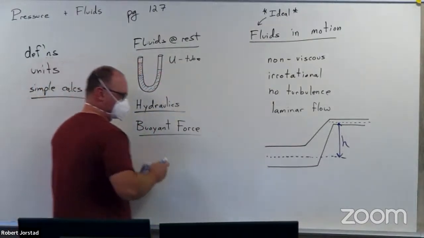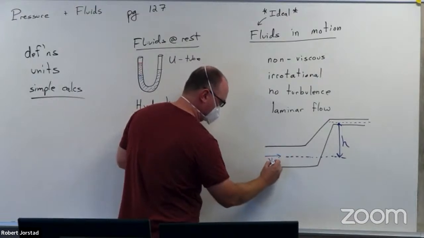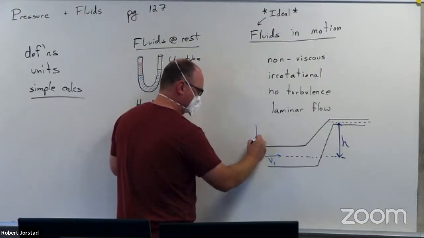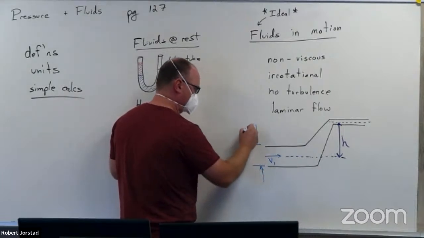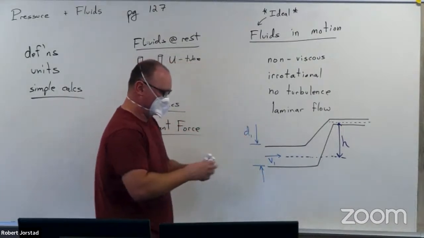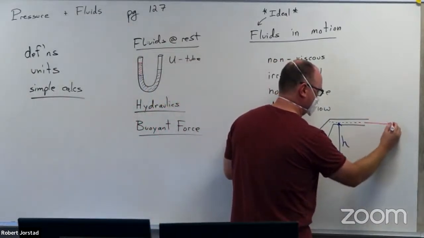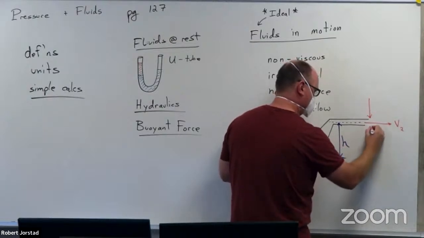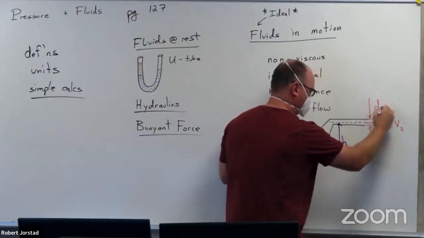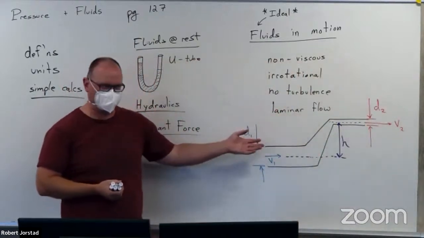In particular, the fluid flowing into the pipe, we could call that V1. And there's a diameter associated with this side of the pipe. I could call that D1. And there's going to be fluid speed coming out the other side. And there's a different diameter. And we could talk about the relationship between all of these parameters for fluid flow in a simple pipe.